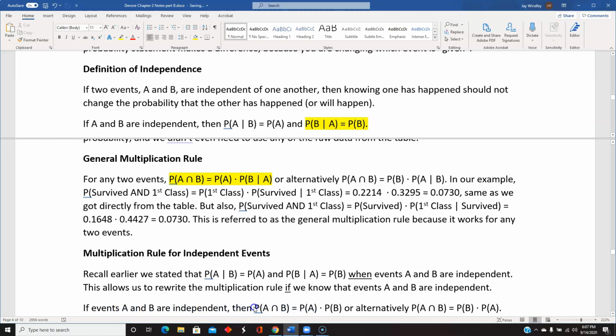If A and B are independent, then the probability of A and B is the probability of A times the probability of B, just straight up multiplying those two probabilities.